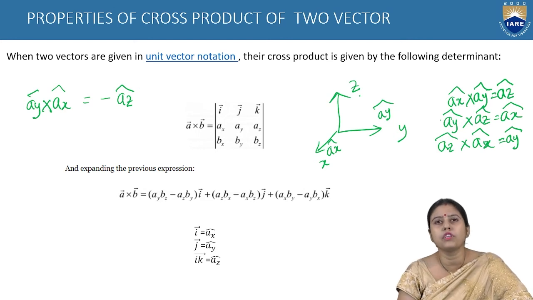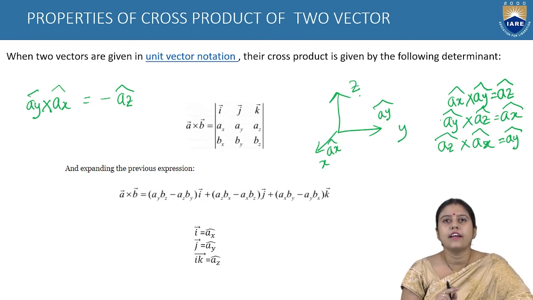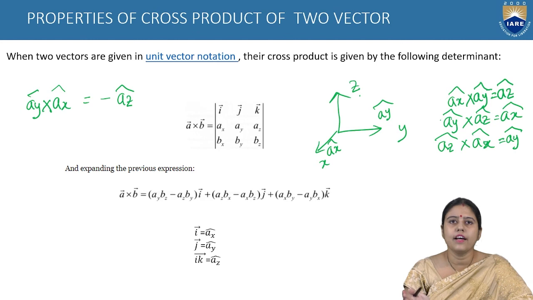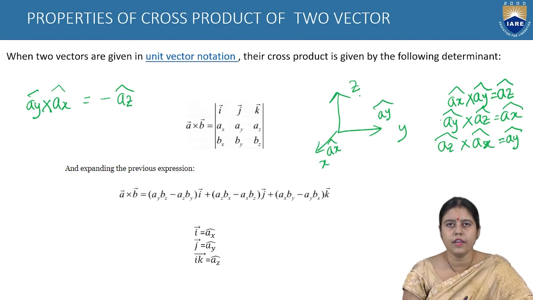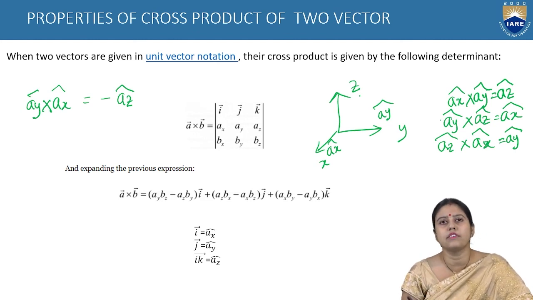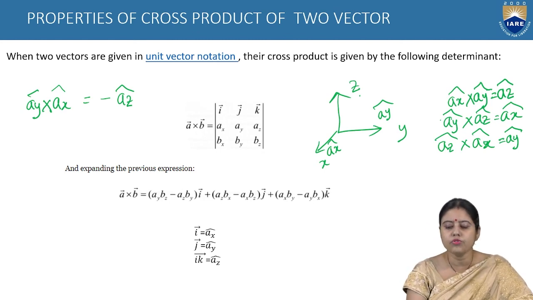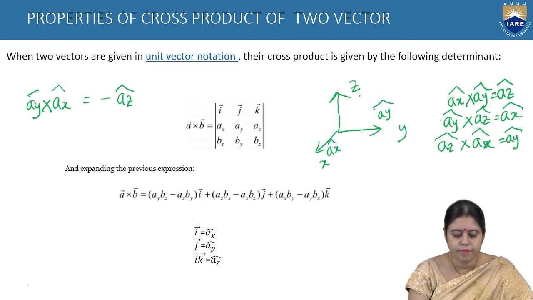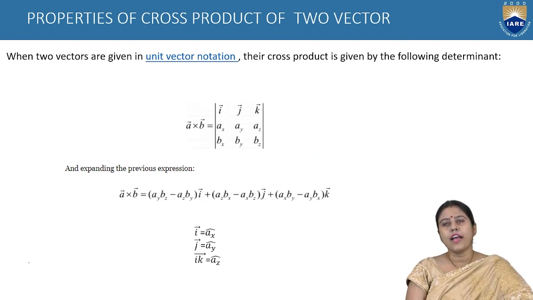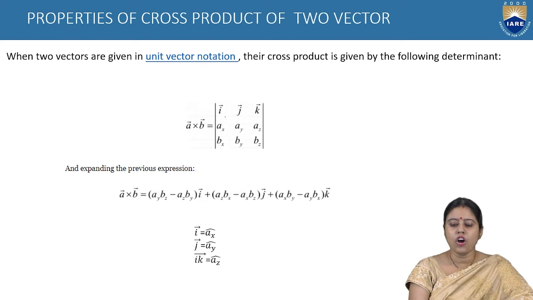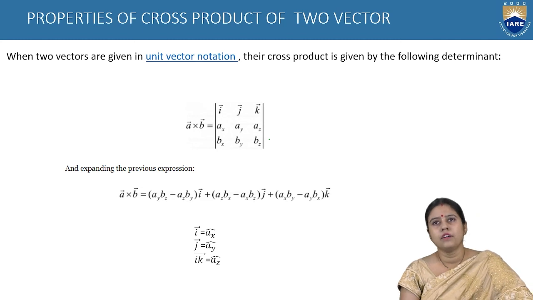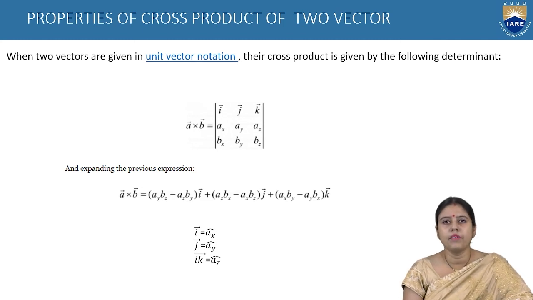So if we go in the clockwise direction, the result will be negative, and if we go in the anti-clockwise direction, the result will be in the positive direction. For this, we write X, Y, Z on top, then AX, AY, AZ, and we complete the value.